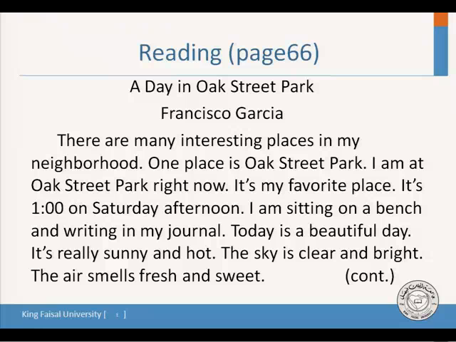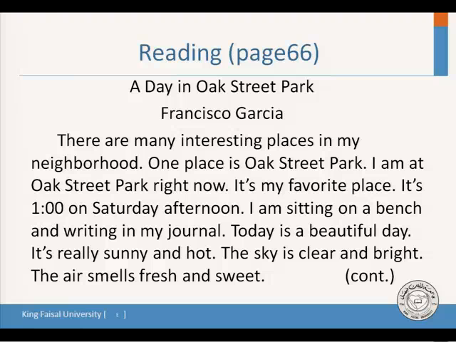There are many interesting places in my neighborhood. One place is Oak Street Park. I am at Oak Street Park right now. It's my favorite place. It's 1 o'clock on Saturday afternoon.